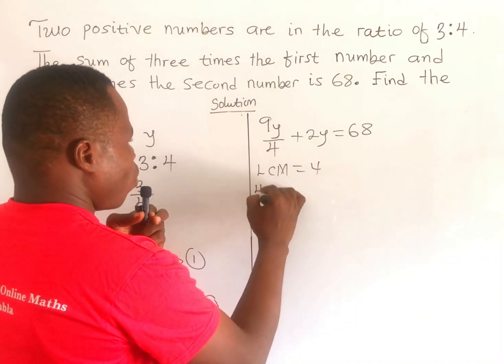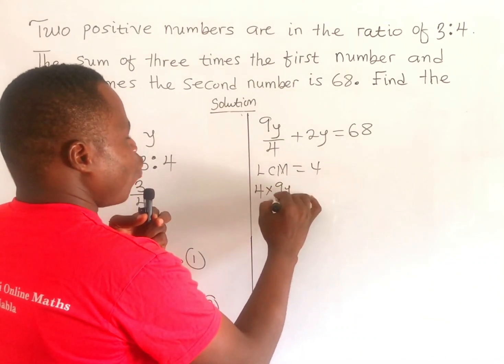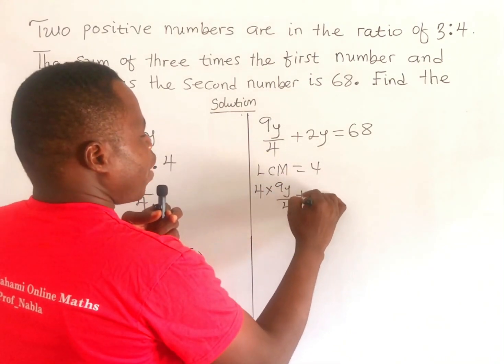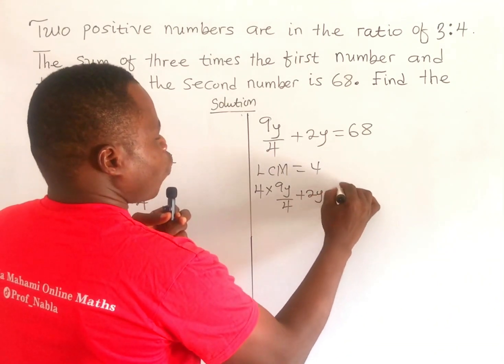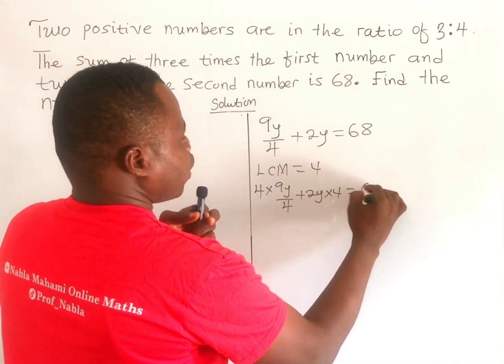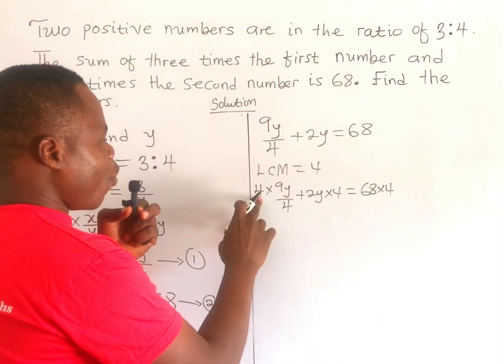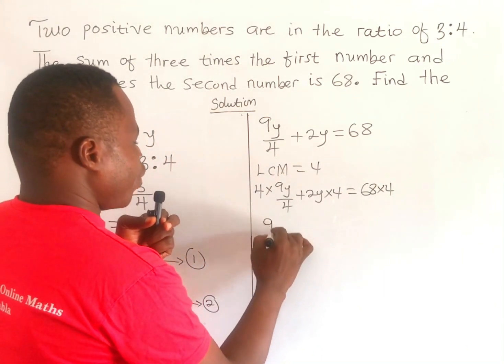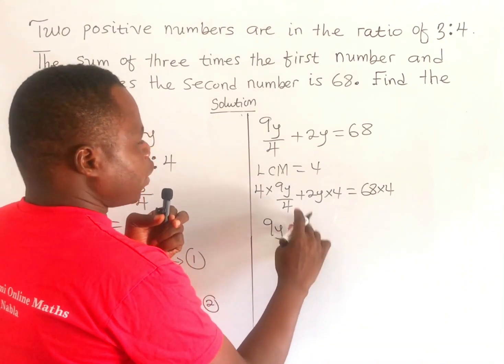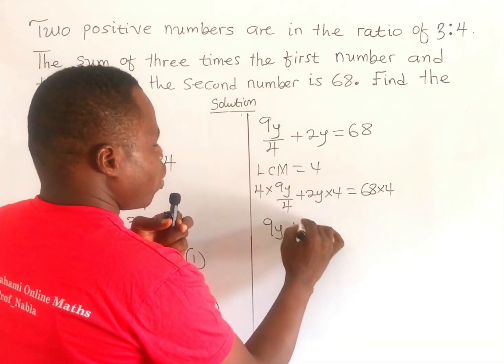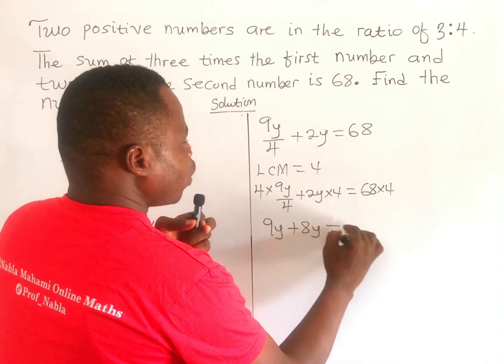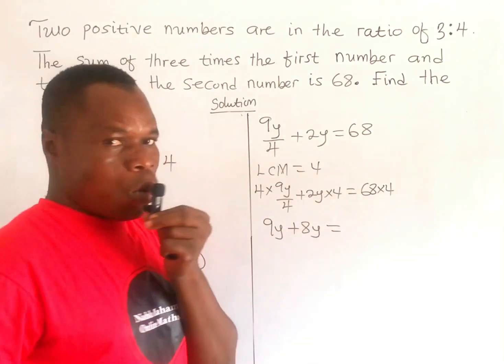So I have 4 times 9y over 4 plus 2y times 4 is equal to 68 times 4. This 4 will take away this 4. I will now have 9y plus 2y times 4, 8y, which is equal to 68 times 4.